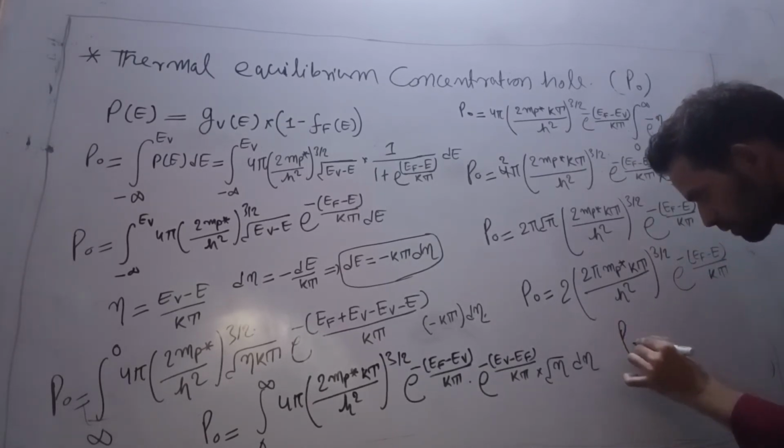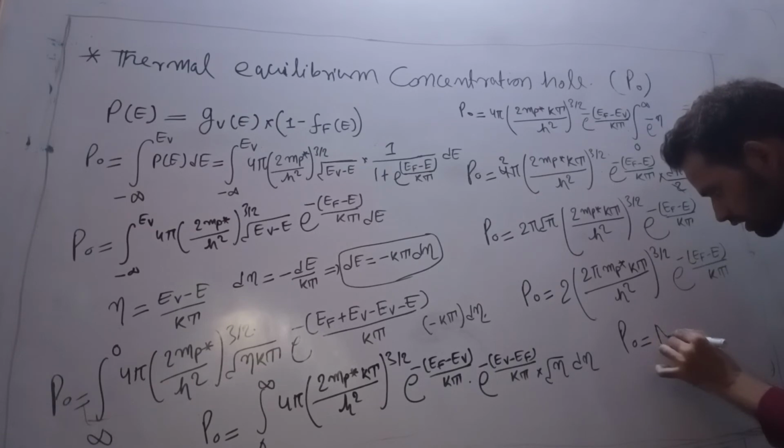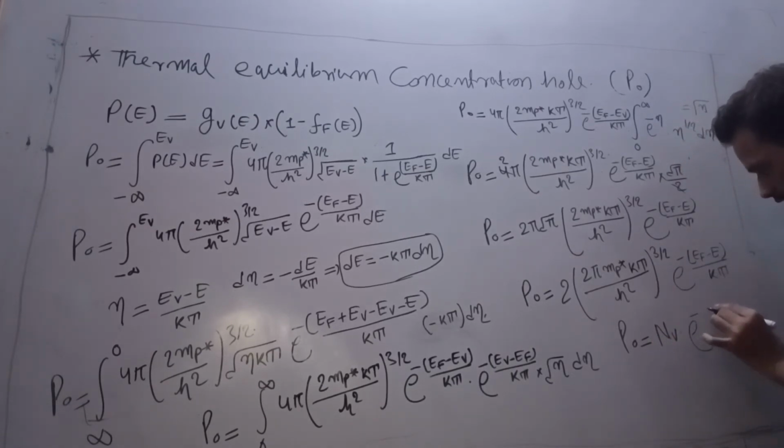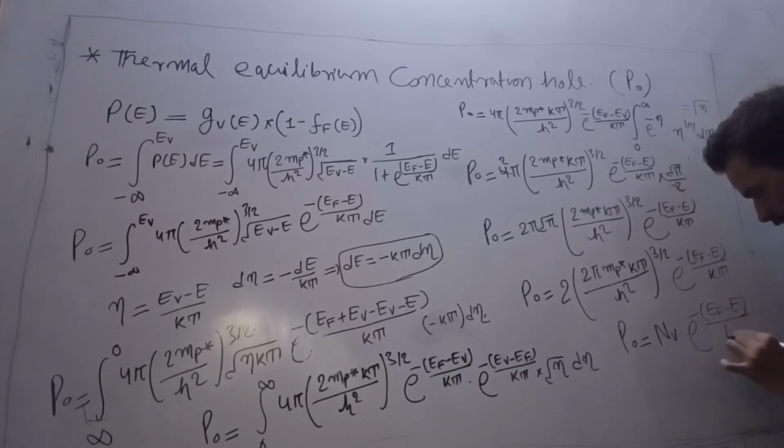Therefore P naught is equal to Nv e to the power minus (EF minus Ev) by KT.